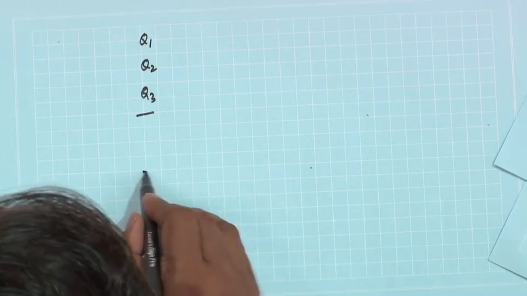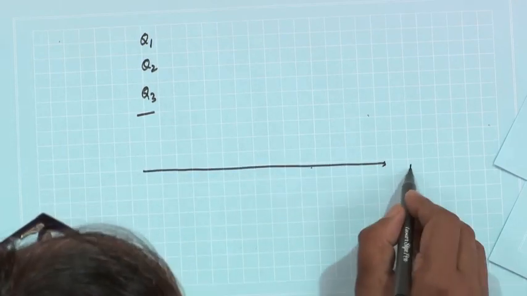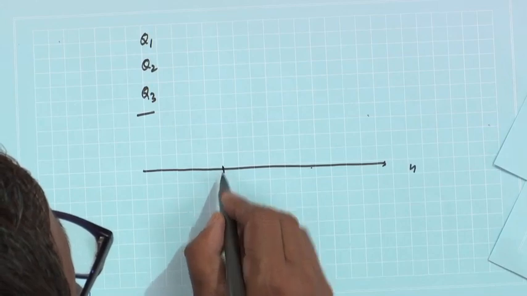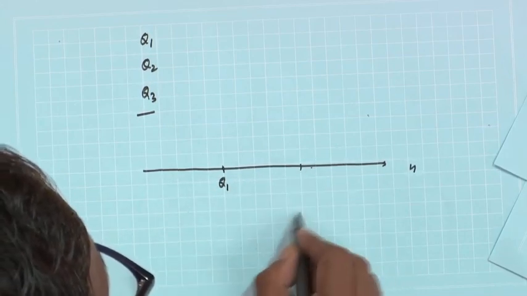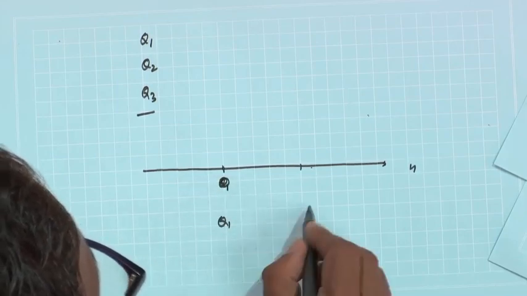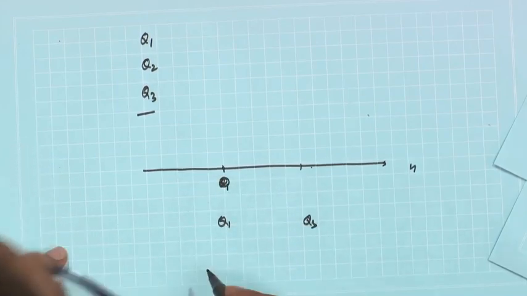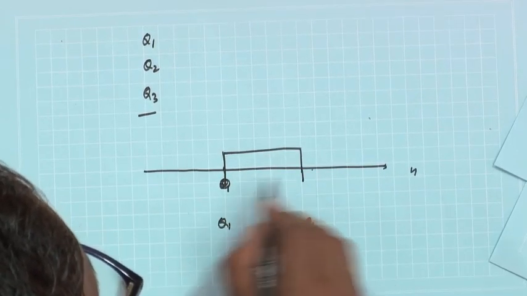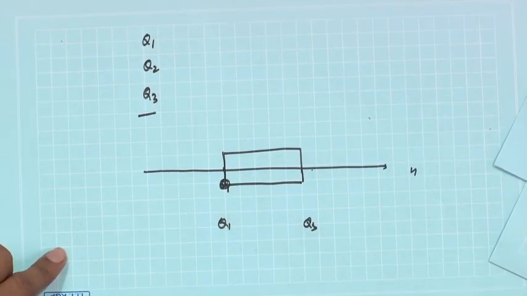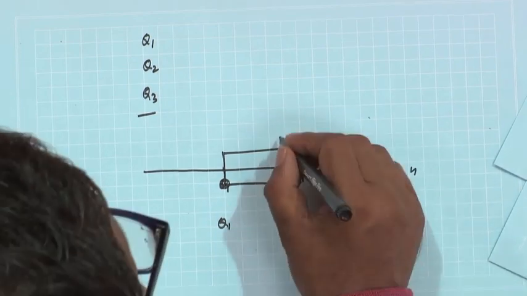So, this is my data axis y. I know that this is my Q1 and this one may be your Q3. So, you develop a box from Q1 to Q3 with a certain width. This is known as the box.